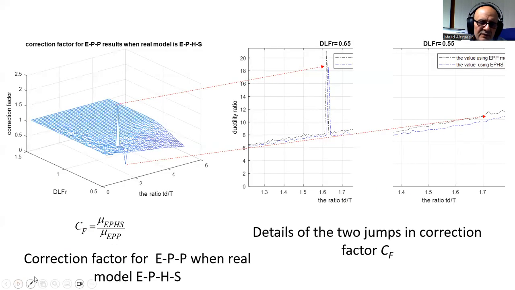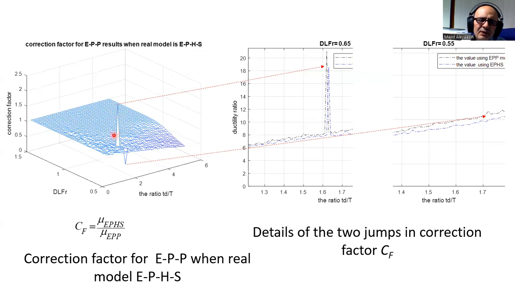This is the correction factor. We see the correction factor is always one or less, because it is never more than one. We see these two terrible jumps here, which violate our law here, and this is related to the resonance phenomena.